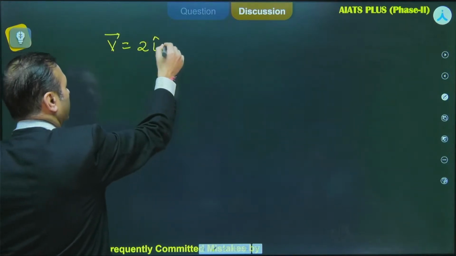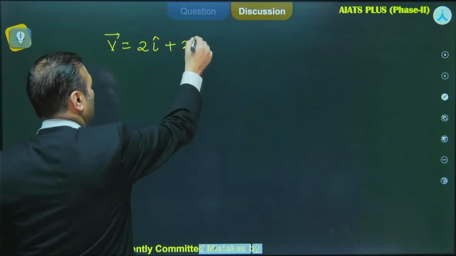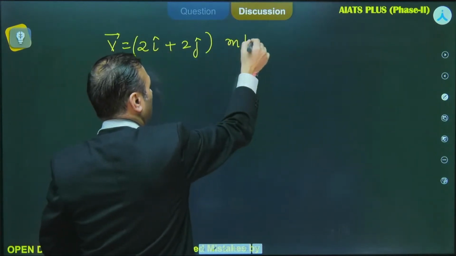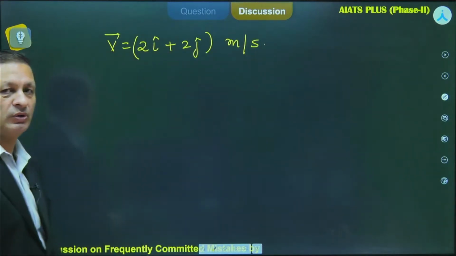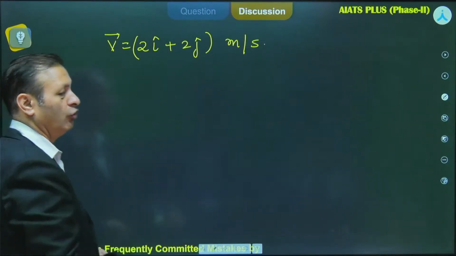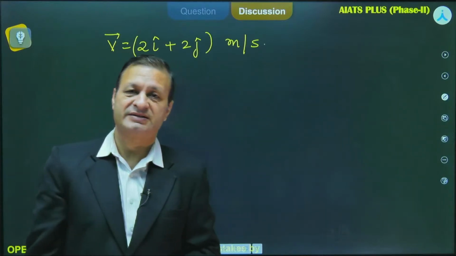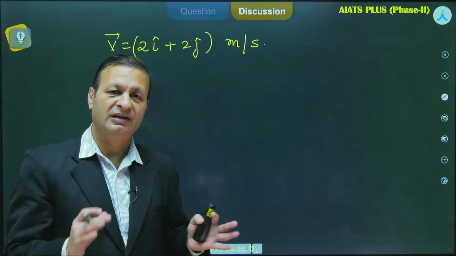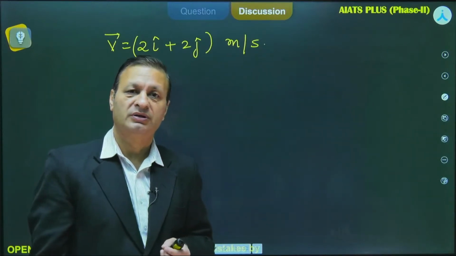Now, if I ask you something more on this part, let's continue with the same data. So this is 2i cap plus 2j cap meter per second only. And if I ask you what this velocity vector is making with the x-axis, it means I am talking about the inclination. I am asking about the theta.